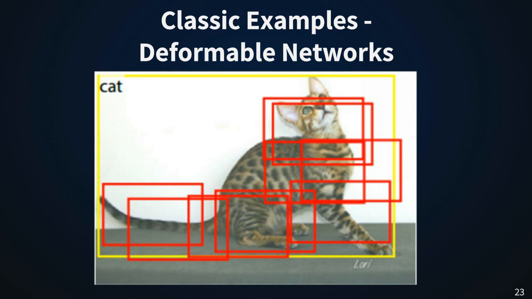So as you can see, the problem of deformable objects does exist also in classic data sets. So here you can see an image of a cat. If you ignore the red rectangles for now, just look at the large yellow rectangle that bounds the entire cat, you can see that most of the pixels inside the area of this rectangle are pixels of the floor or the wall, are not pixels of the cat.